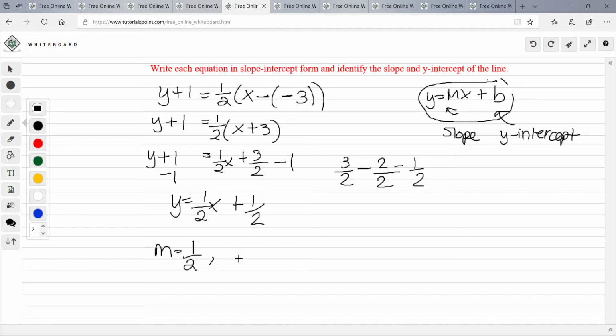Our y-intercept in coordinate form is going to be 0, 1/2, right? The x is always 0, and it's just this 1/2. So that's how you find the y-intercept and the slope.